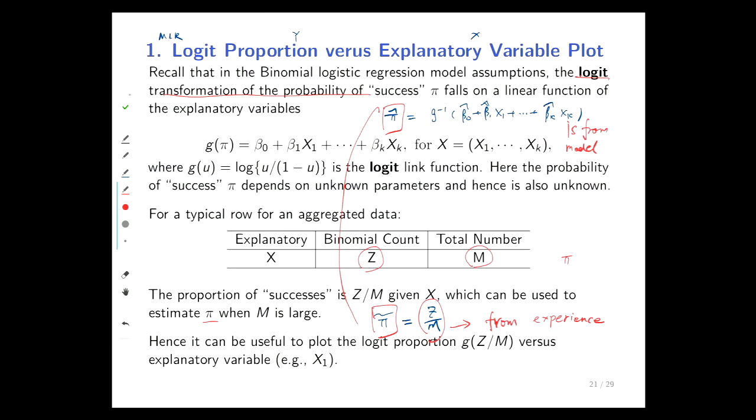If these two are very similar, that is, if the model is good, we should have the logit of the proportion and the x variable having a linear relationship.